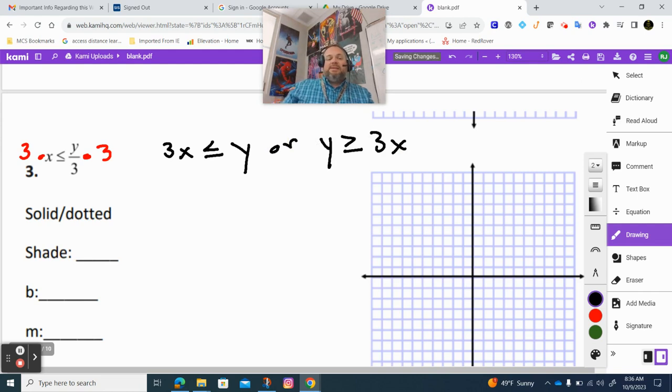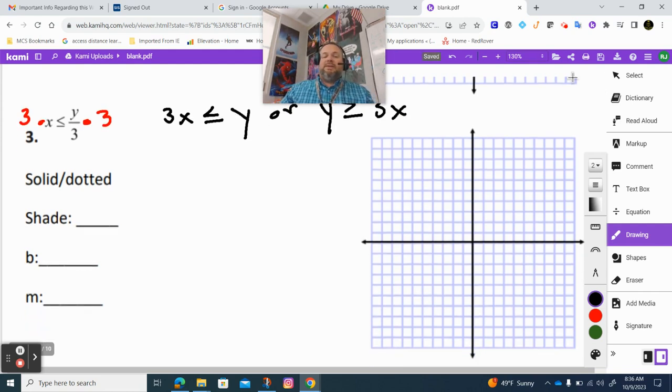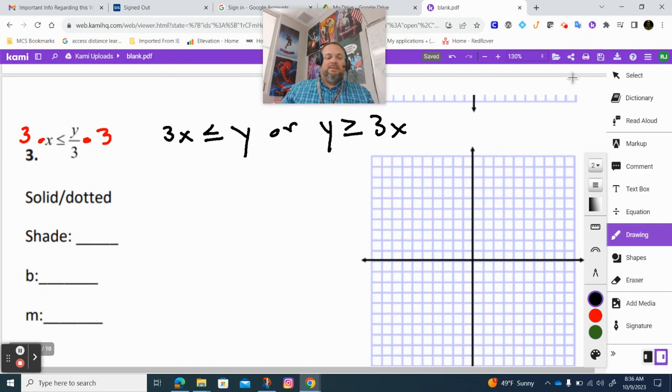Okay? Because either way, is this going to be solid or dotted? Solid. All right. In either instance, is the y being eaten? Yes. Okay. So either one, we're going to shade up. Here's the tricky one. What's our b?